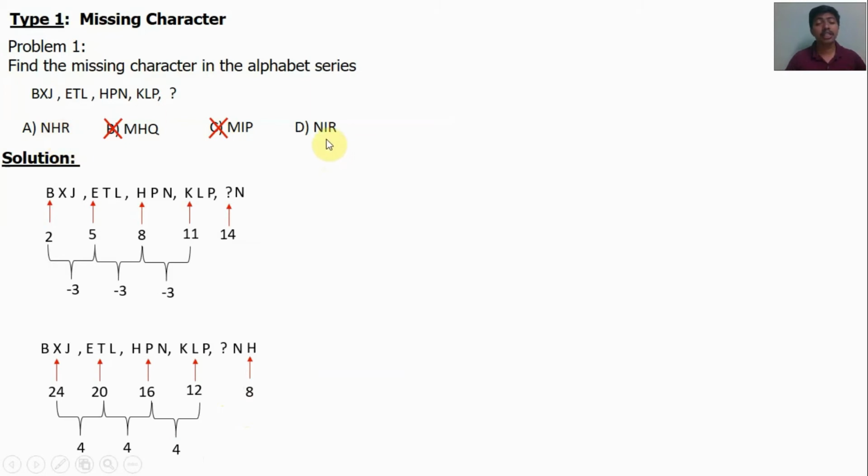In option D, the second letter is I, so option D is wrong. Option A is correct. This is the procedure. We find the first letter of the missing character by comparing all the first letters, and the second letter by comparing the second letters of all the given characters.